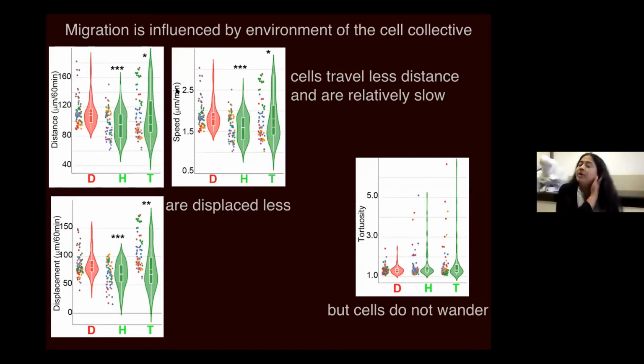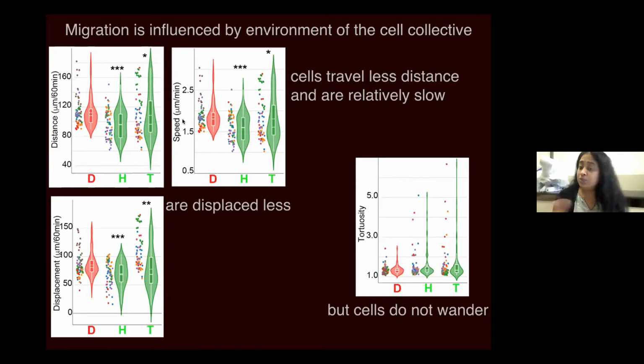Now, when you quantify this cell behavior, we have analyzed this data in a few different ways, and we chose these 4 parameters because we felt that they represented the basic principles of migration quite well. So a haploid cell or a tetraploid cell in a diploid environment tends to migrate less. Overall, it covers less distance.